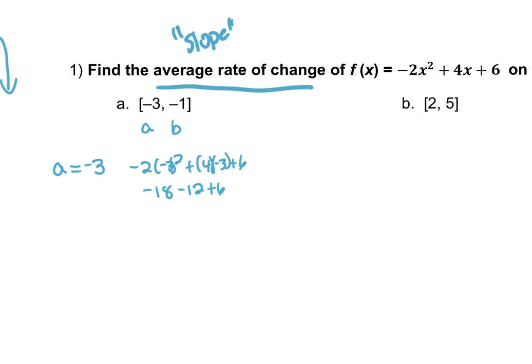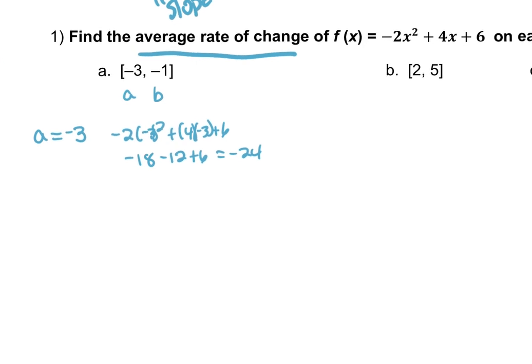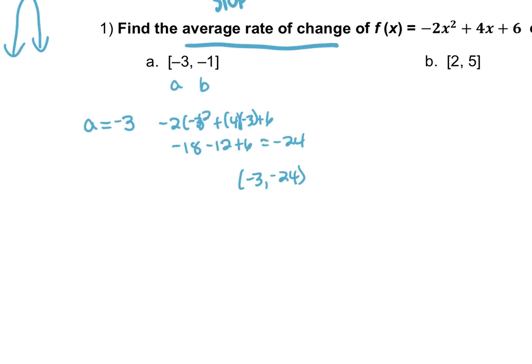So -30 plus 6, so -24. Okay, so we have one point, which is -3, -24.